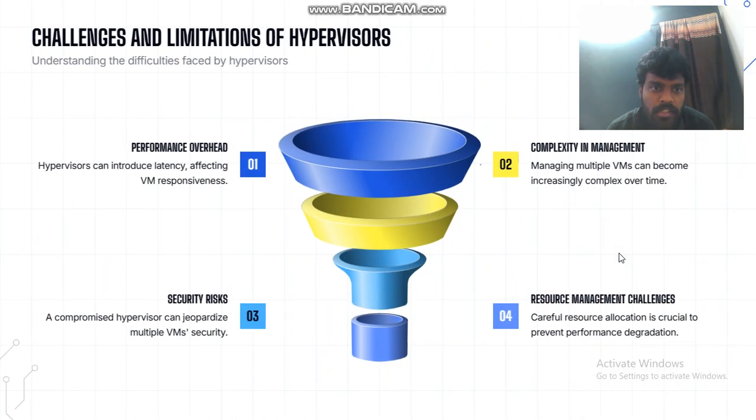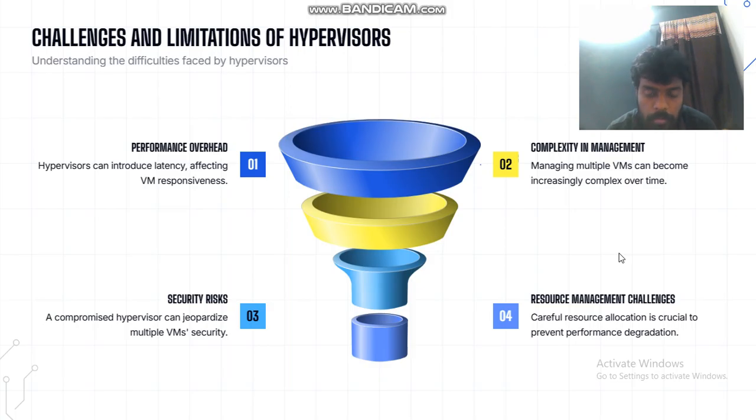And challenges in the hypervisor, that is performance overhead. It cannot manage a lot of overhead. That's what it says. And complexity management, managing multiple virtual machines can become increasingly complex over time. That is, it cannot handle a lot of virtual machines at the same time. A compromised hypervisor can jeopardize multiple virtual machines' security.